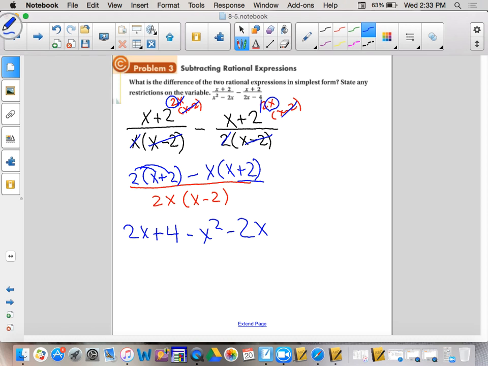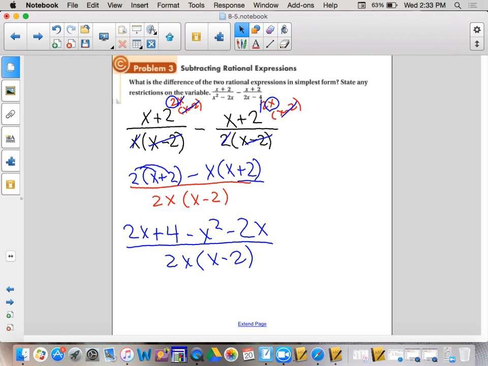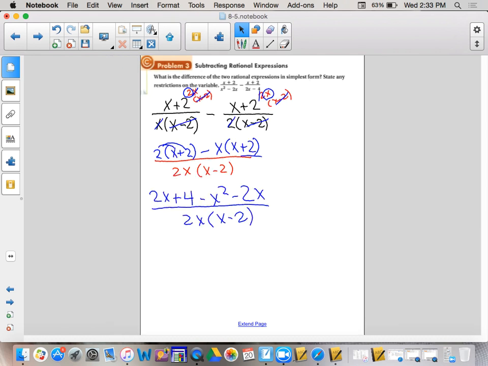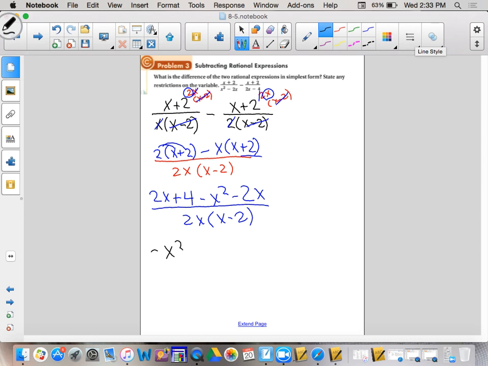Does everybody see that? Can't forget that negative, that minus sign. All over 2x times x minus 2. So now we need to combine like terms. So I got negative x squared, the 2x's cancel out, plus 4 over 2x times x minus 2.